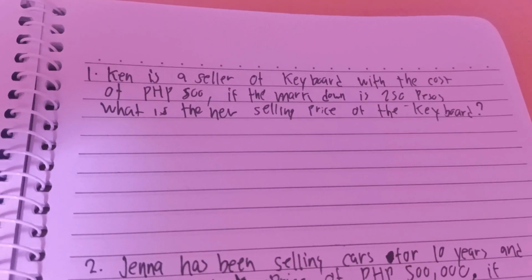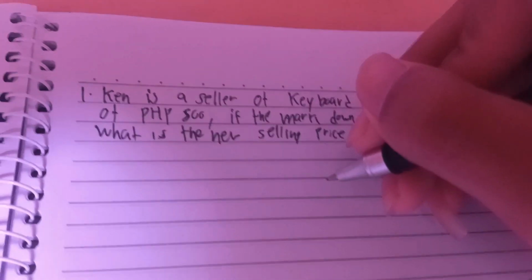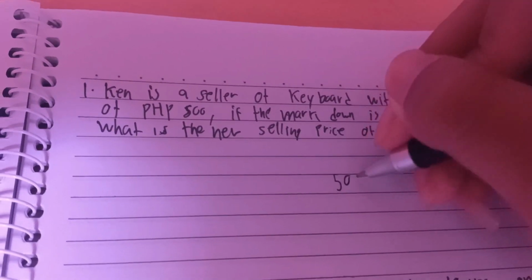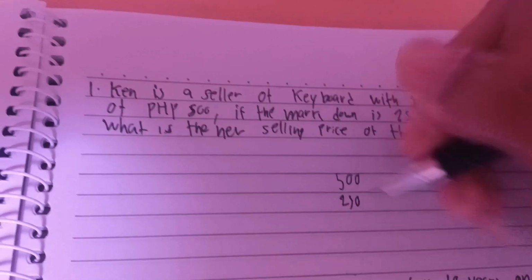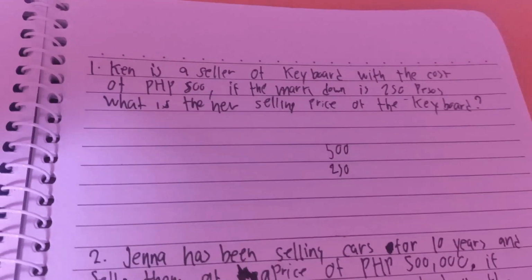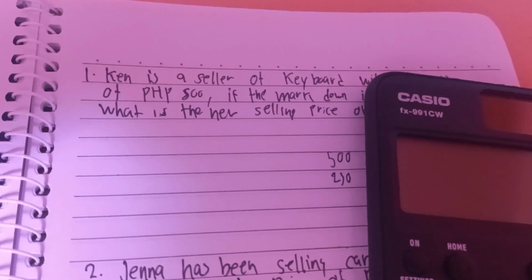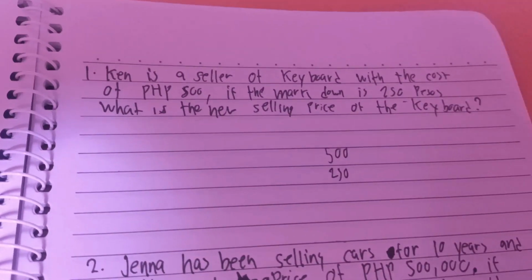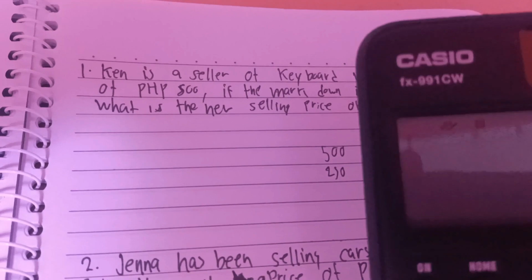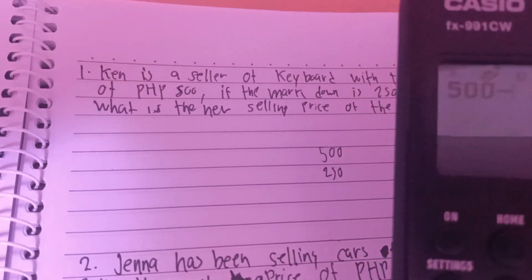And to get that, just simply subtract the markdown, which is 250, from the original price, and get our calculator and solve it. 500 minus 250.